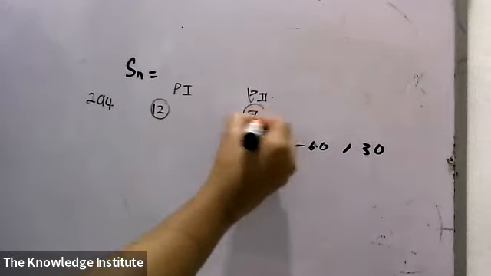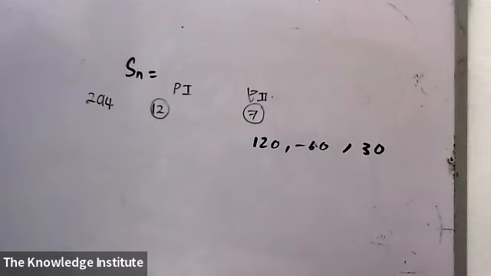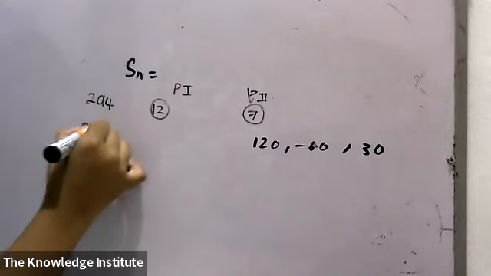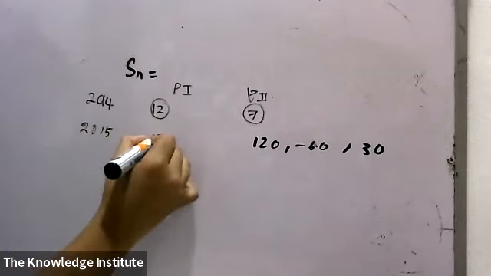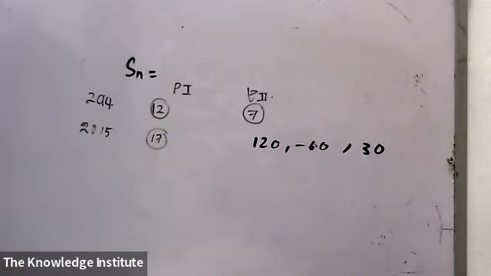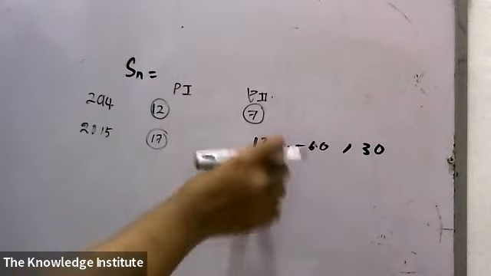In part 2, the 7th one. So in part 1, you will usually get 2 marks. In part 2, you will get completely 10 marks.